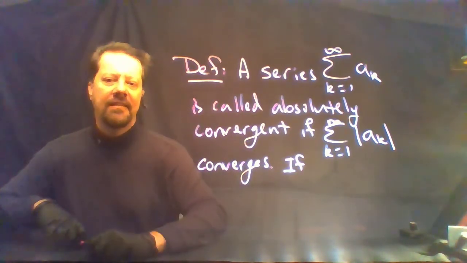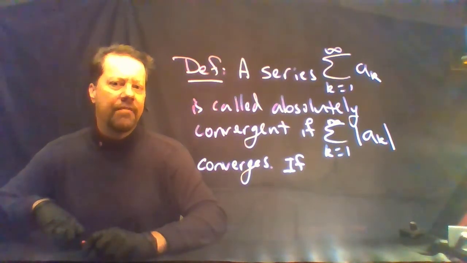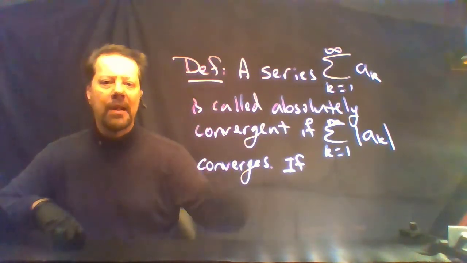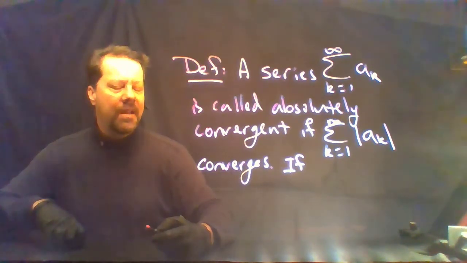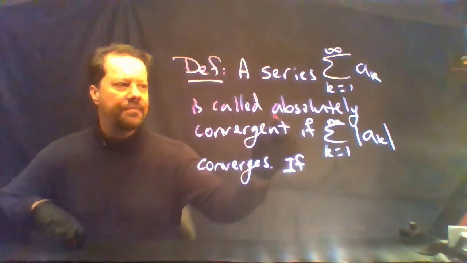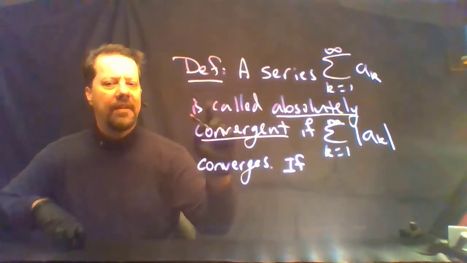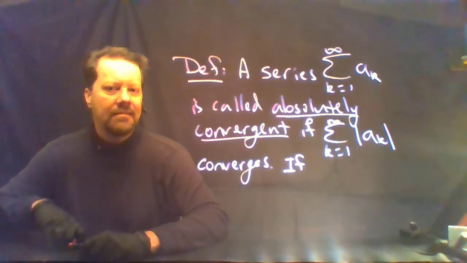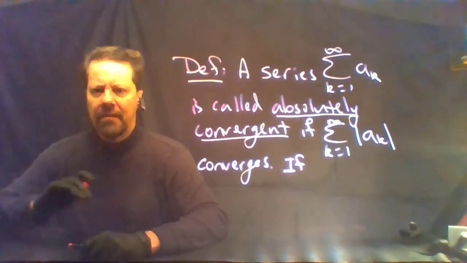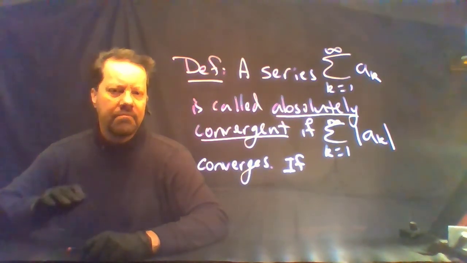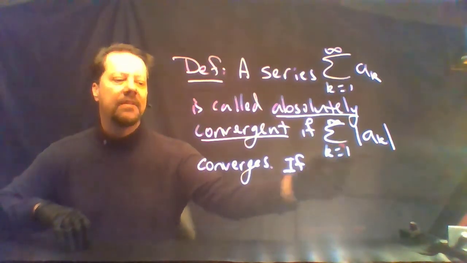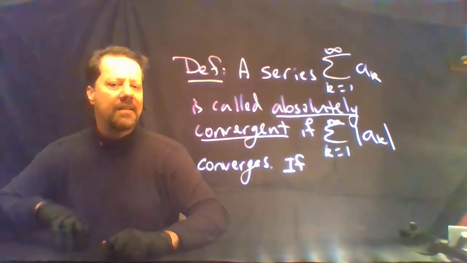We've seen that the alternating harmonic series converges, but in absolute value it reverts to the old harmonic series, and the harmonic series does not converge, it diverges. That means that the alternating harmonic series is not absolutely convergent. All of the p-series that you've seen to this point, those are absolutely convergent. However, the alternating harmonic series diverges in absolute value, and so it converges, but it's not absolutely convergent.